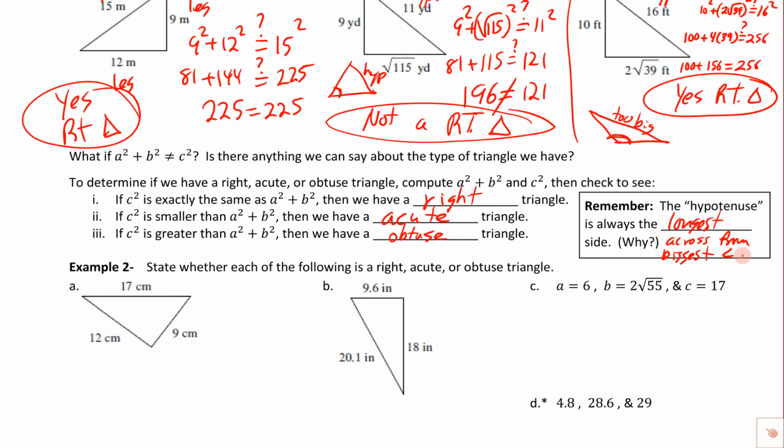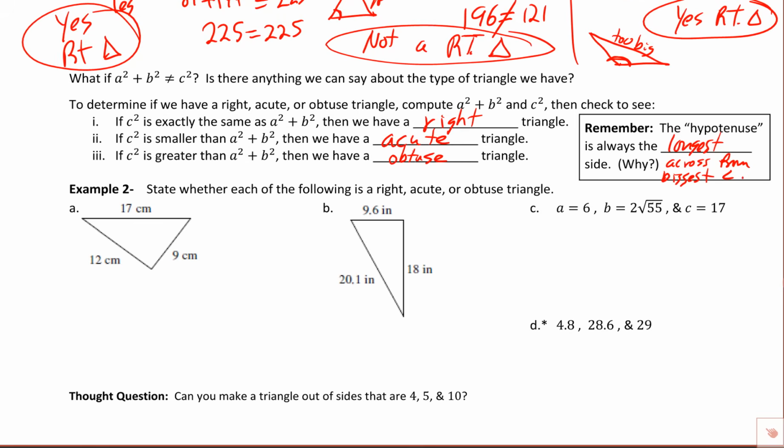Okay, so the instructions on this part say, state whether each of the following is a right, acute, or obtuse triangle. So of these three, this has got to be the c. The other two really don't matter at all. So we're going to do 12 squared plus 9 squared, and we're going to compare it to 17 squared.